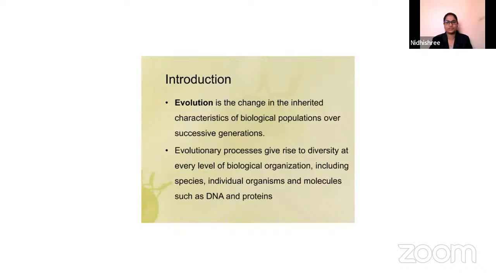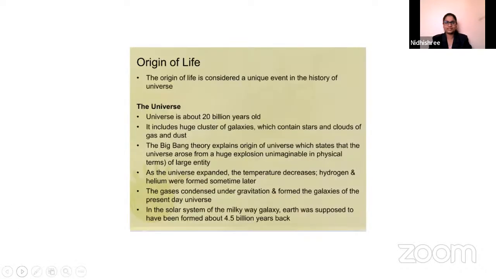It is a gradual process, over successive generations. Then the evolutionary process gives rise to diversity. The main significance of evolution is diversity, including species, individual organisms, as well as biomolecules present in the living organism. This all happens in evolution. Significance of evolution, we can say.